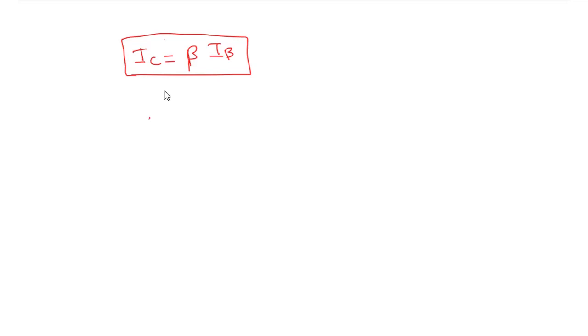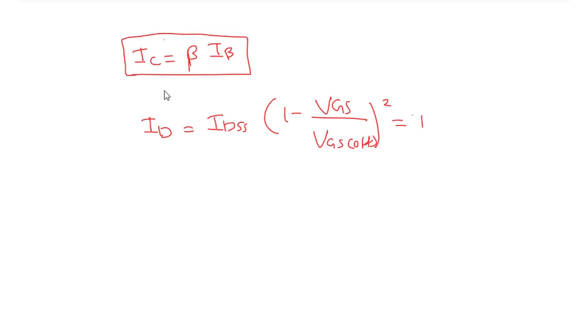The relationship is ID is equal to IDSS into 1 minus VGS by VGS off, whole square. Now VGS off is equal to VP, so you can write this as IDSS into 1 minus VGS by VP, whole square.